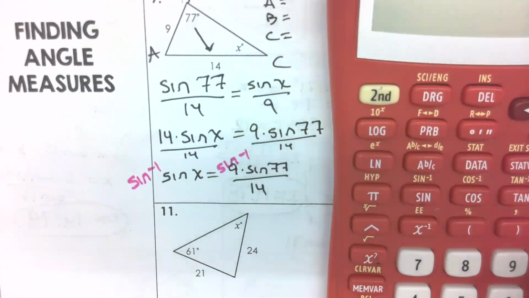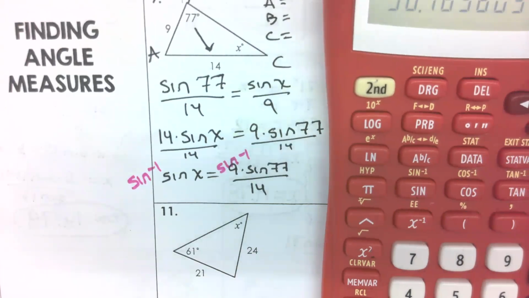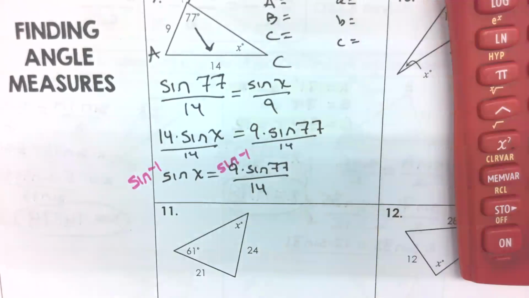Did you maybe forget the sine? I did 9 first and then second sine. Yeah, we're taking the inverse sine of all of it.